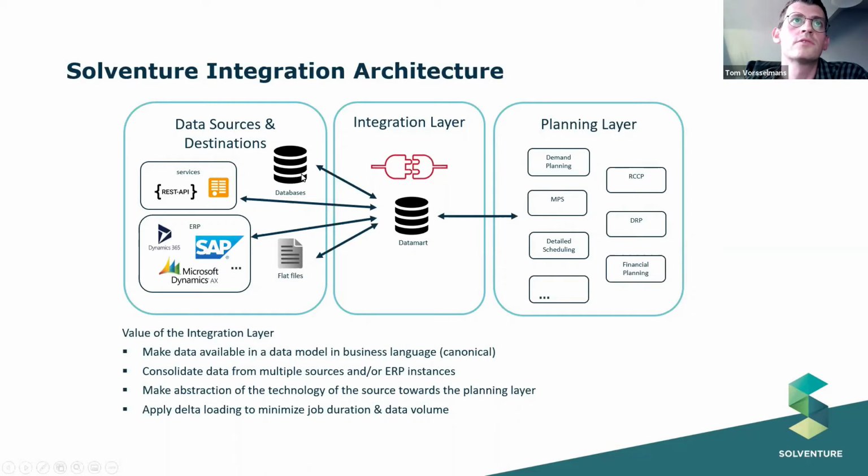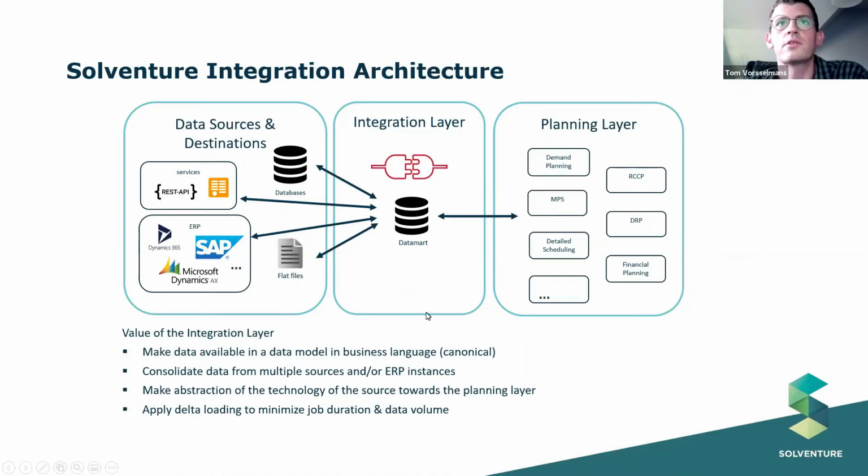On the left, you see different data sources. ERP systems are an important one, but it can also be that we need to extract data from a data warehouse, for example, or from REST APIs or data endpoints, and in some cases still, of course, flat files, but we try to avoid that.